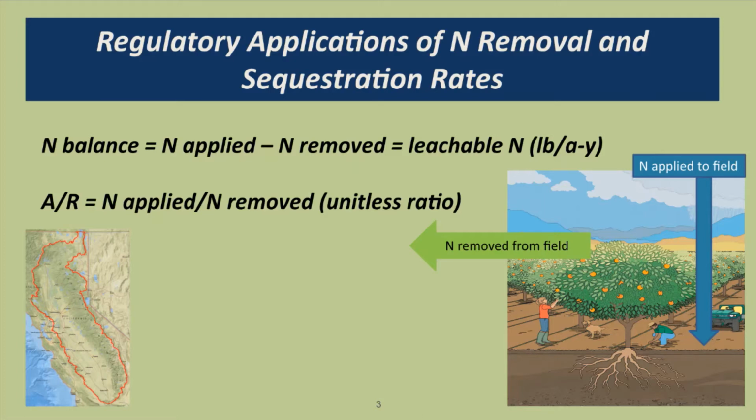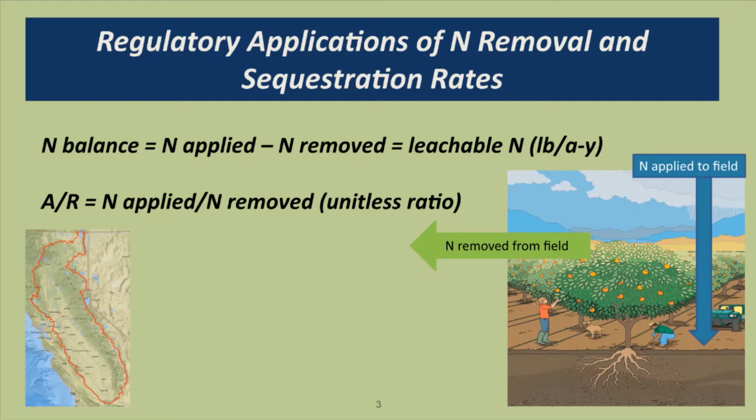Another way that the N removal can be formulated with applied N is to form a ratio, either an efficiency ratio or the inverse of an efficiency ratio. So the inverse of the efficiency ratio is the applied N divided by what's removed, which is kind of most famous in the dairy program, where I believe a target of 1.4 is what dairymen are meant to try to hit, which corresponds to about a 71% N use efficiency.